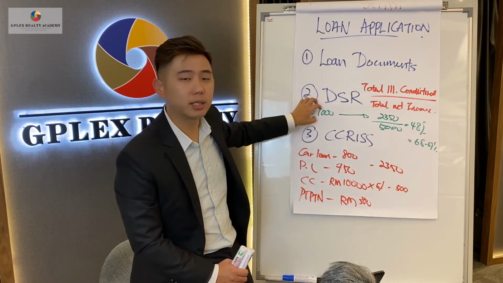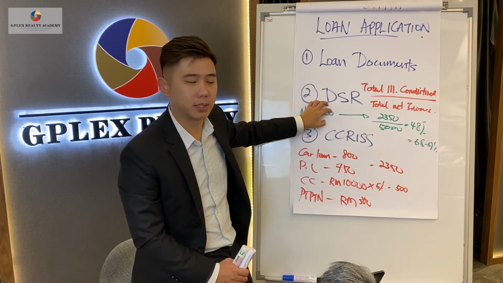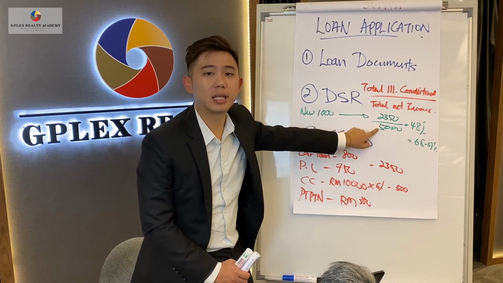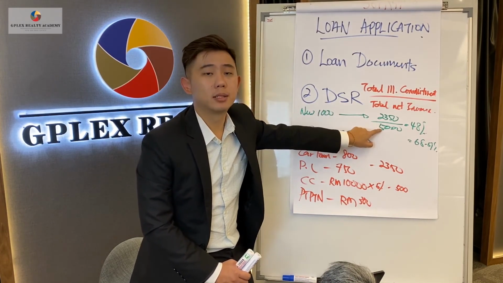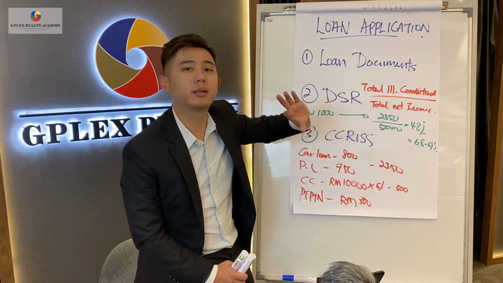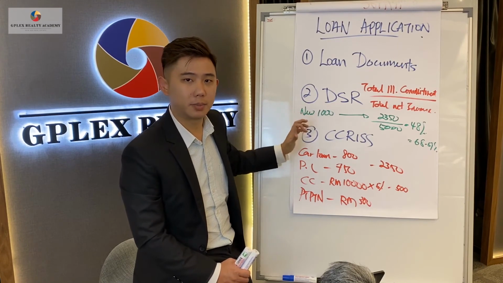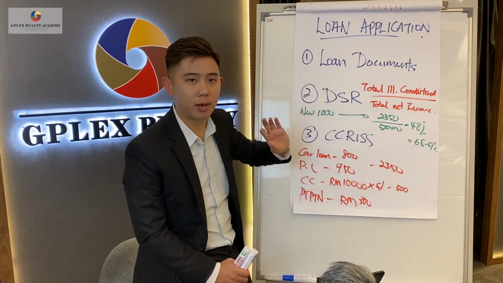Or last one, increase the income. Then the DSR rate will be different. So these are three basic things you can help your customer adjust, when the DSR is burst.